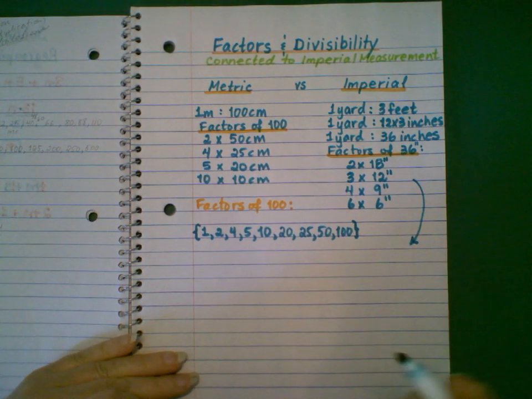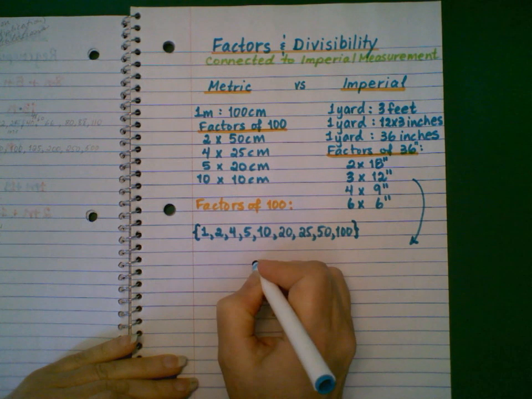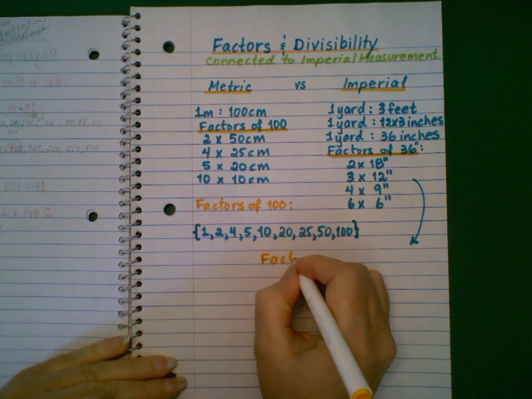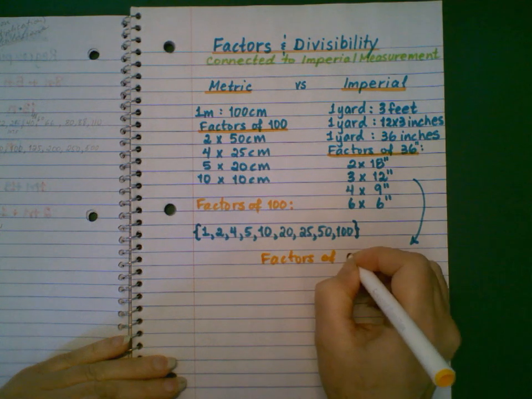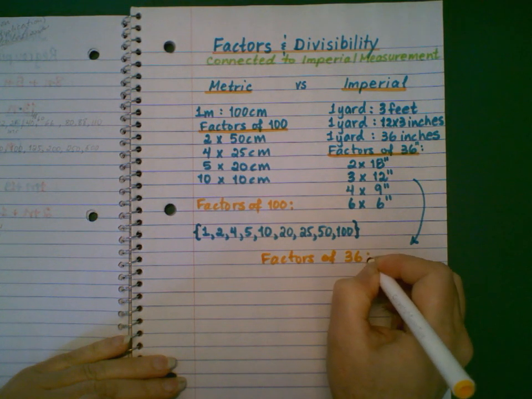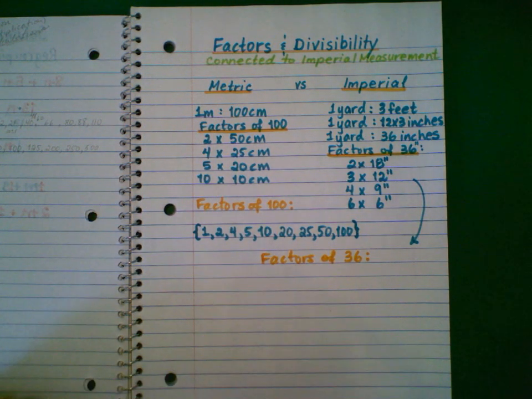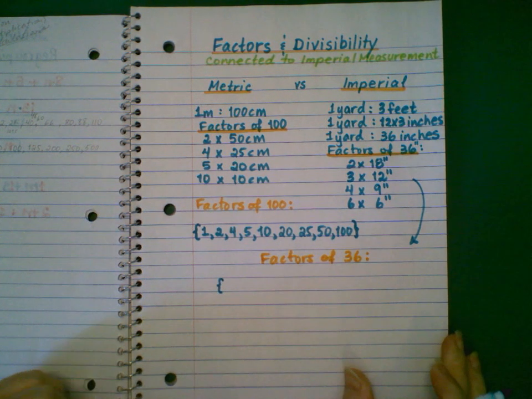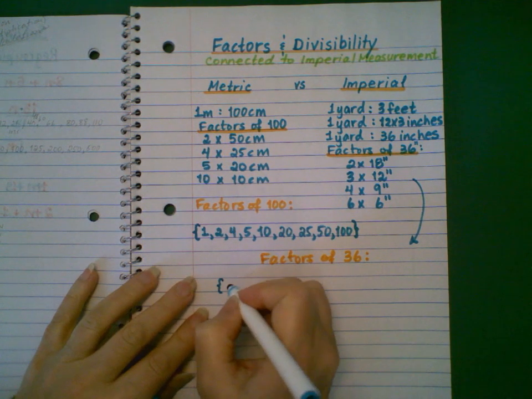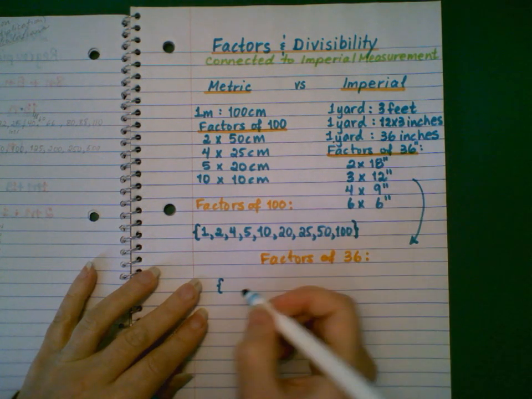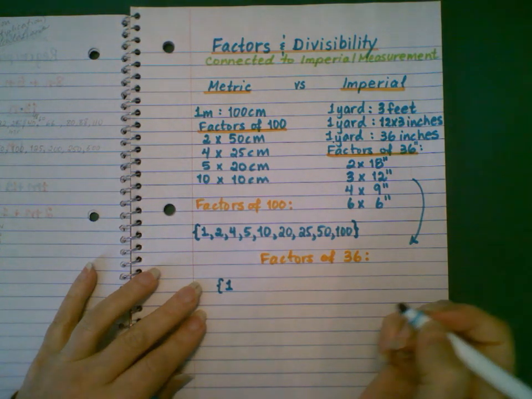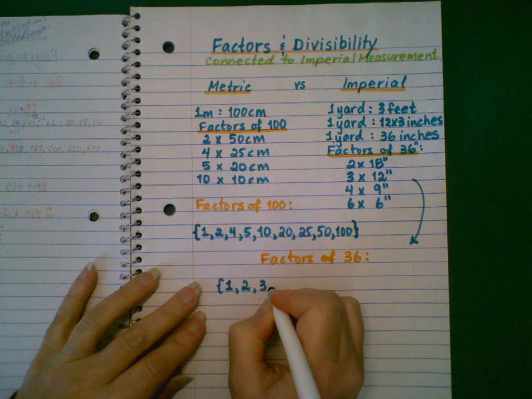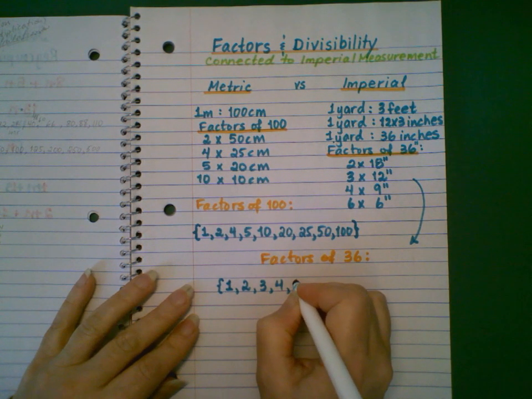So, based on this information, the factors of 36. Again, I'm going to use scroll brackets because I'm making a list of values, not an expression. And my list includes that 1 and 36, which was my starting place. It includes 2, 3, 4, and 6.